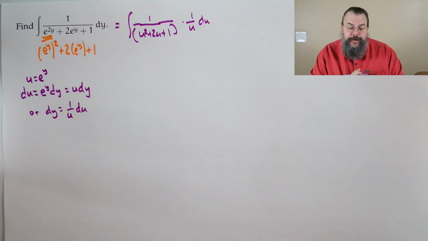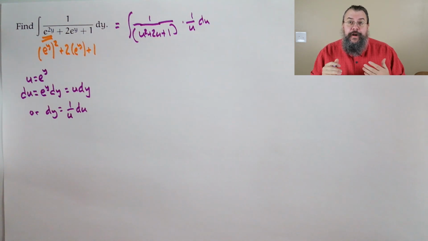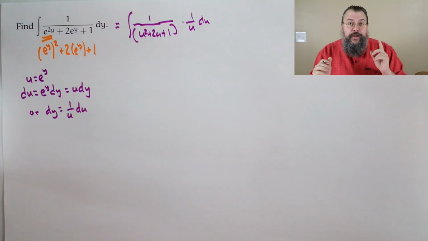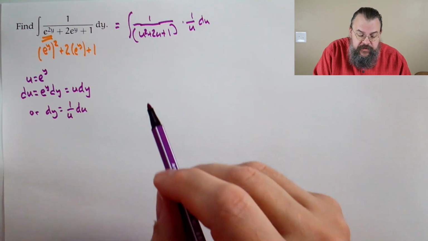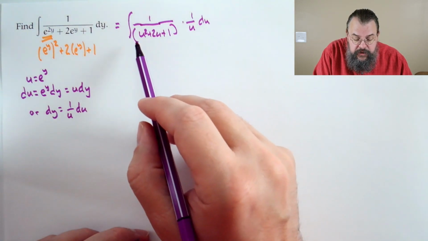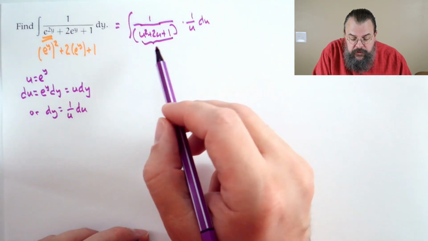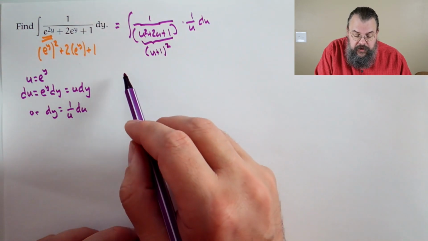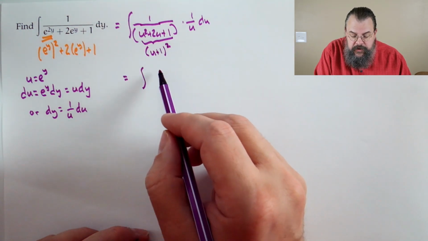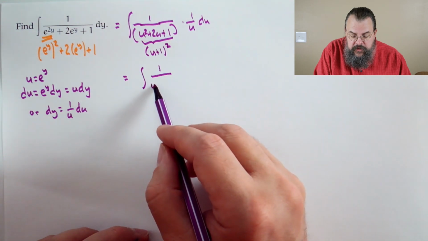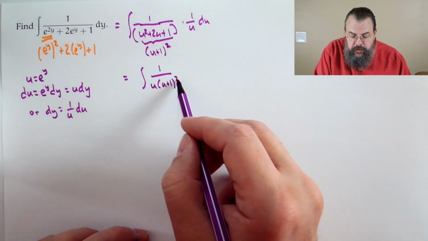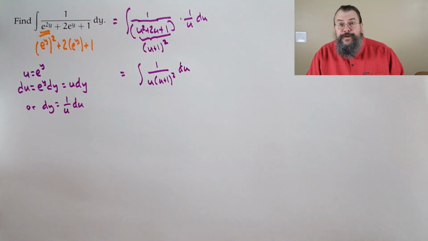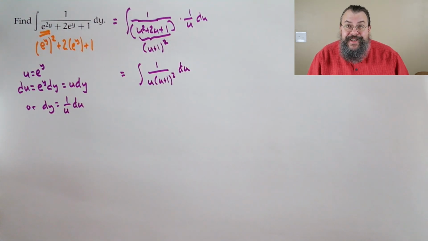Now, we proceed. Certainly the numerator tells us no need for division. We do need to do one thing to our denominator before we go too much further, which is to say, this u squared plus 2u plus 1, it's really the same as u plus 1 quantity squared. Okay, so we really have the integral 1 over, and I'll write it as u times u plus 1 squared du. All right, so time for us to do our partial fractions magic.